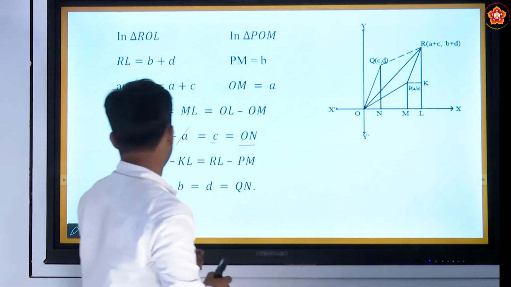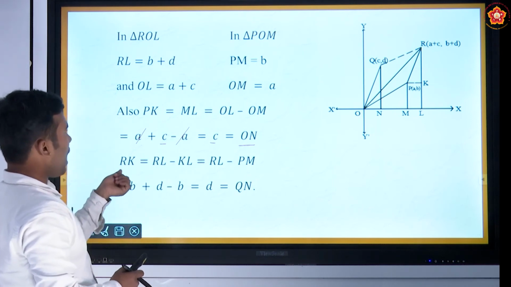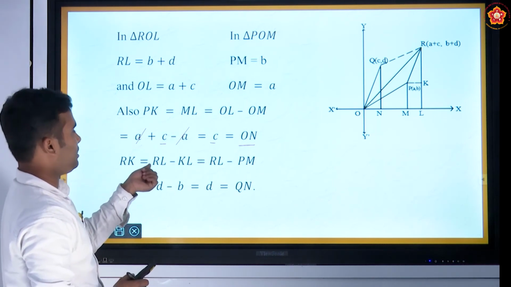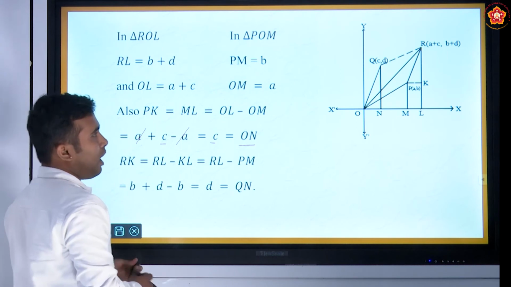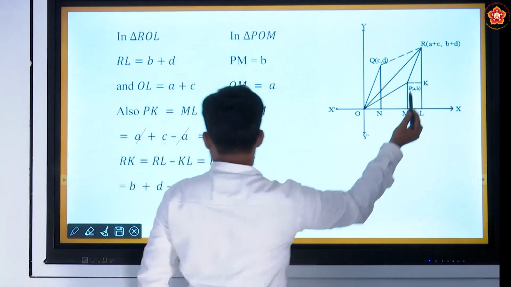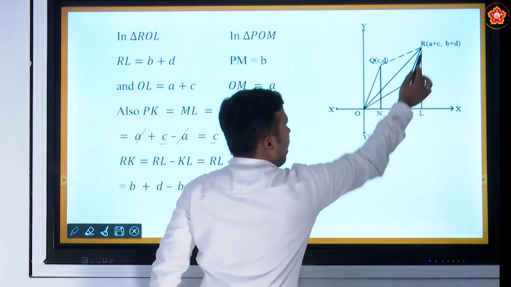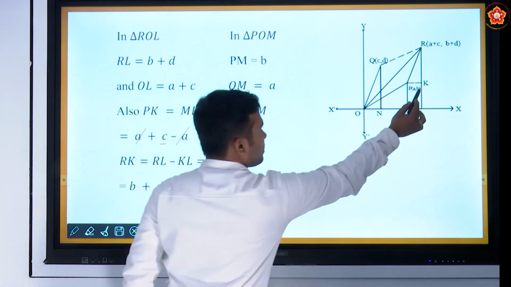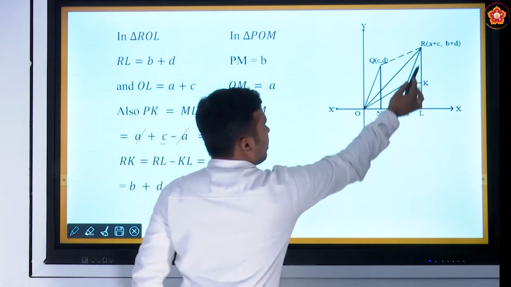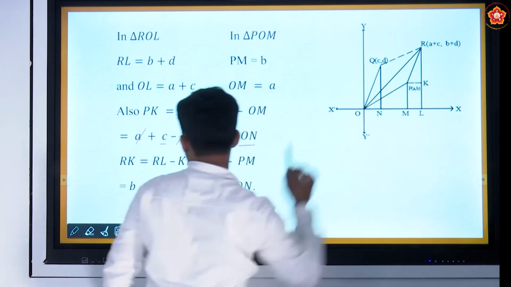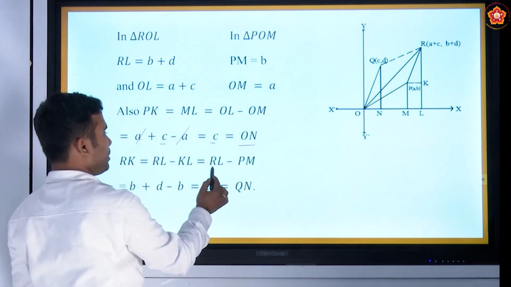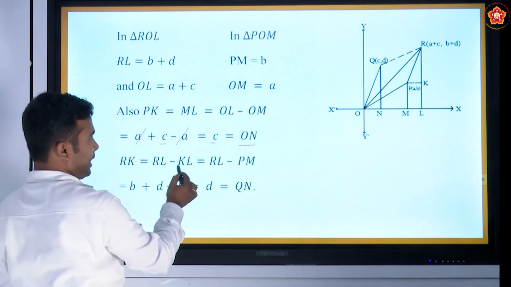Similarly, RK can be represented as RL minus KL. RK will be equal to RL minus PM, since KL is equal to PM.